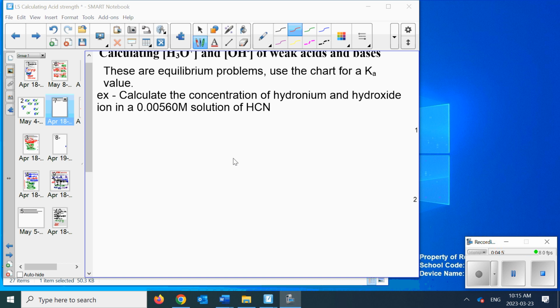It'll be like this. So we've got HCN. It's an acid, so we're going to add it to water. It's equilibrium. It's weak.